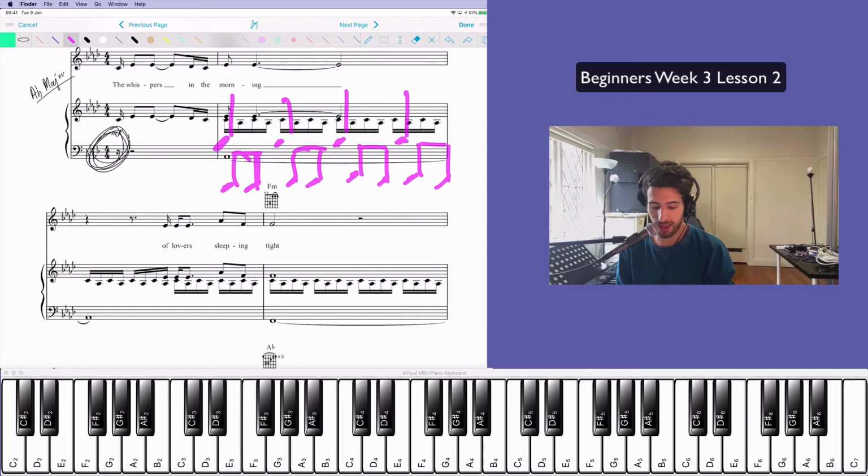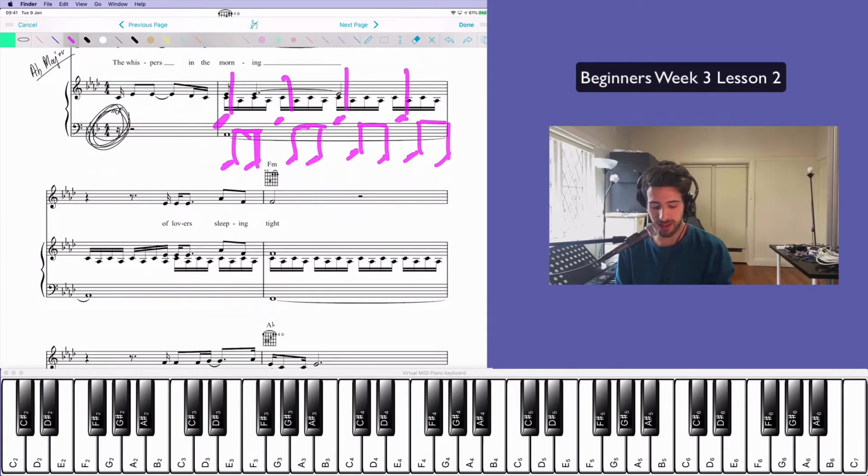Okay? And I can break these quavers down even more, down to semiquavers, also known as 16th notes. So when I have a crotchet, 1, 2, 3, 4, I can also have 1 and 2 and 3 and 4 and then I can also have 1 e and a 2 e and a 3 e and a 4 e and a. So that's how we break down the 16th notes.